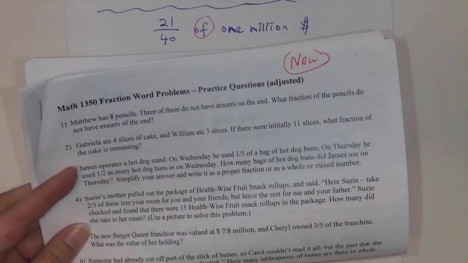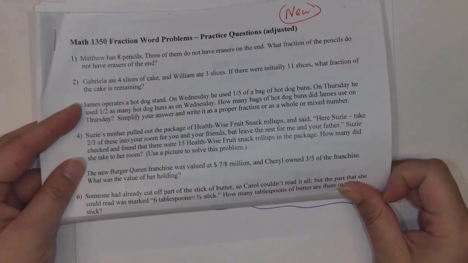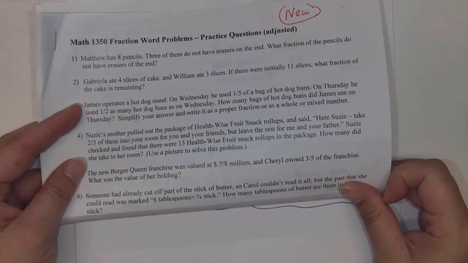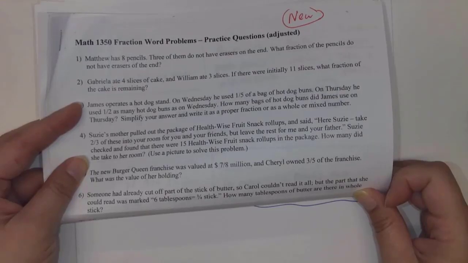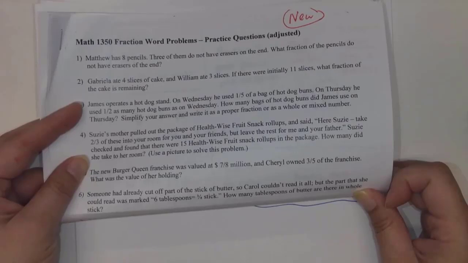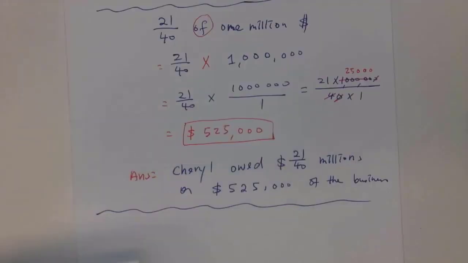So number 6: say someone had already cut off part of a stick of butter, so Carol couldn't read it all, but the part that she could read was marked 6 tablespoons equal to 3/4 of a stick. How many tablespoons of butter are there in the whole stick? Anybody know? You do? Okay.